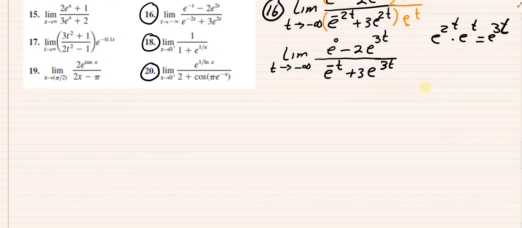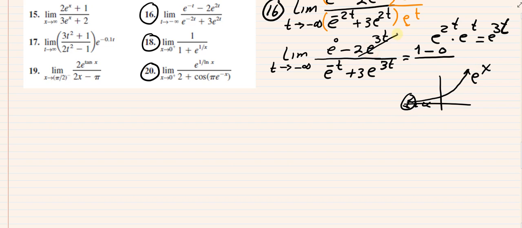Now, let's see, e to 0 is 1, true? So this limit is going to be, now let's take a look at this. In the numerator, as t approaches negative infinity, the numerator approaches 1 minus 0. Remember the graph, that was one of the 4 properties that we saw for the exponential function. E to the x, as x goes to negative infinity, approaches 0. So this part approaches 0. So does the part in the denominator approach 0.